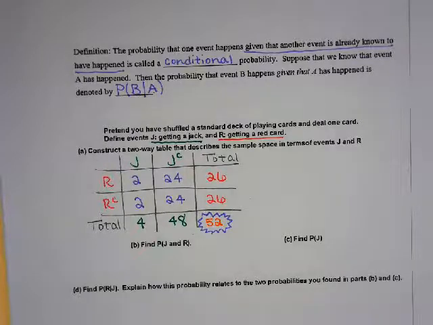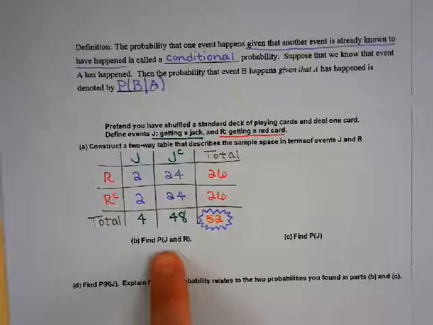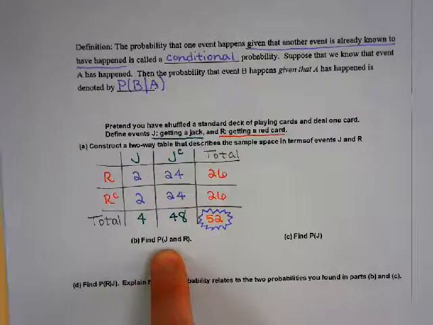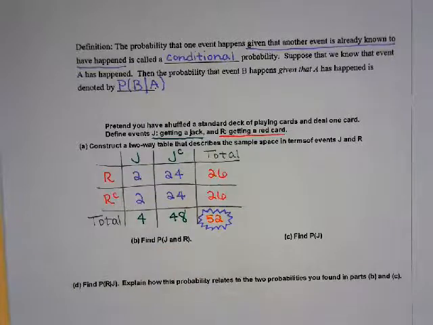So we want to find the probability that the card we pick is a jack and it is red. We've also answered that question before in a different lesson.